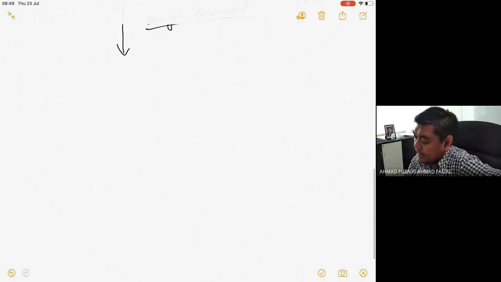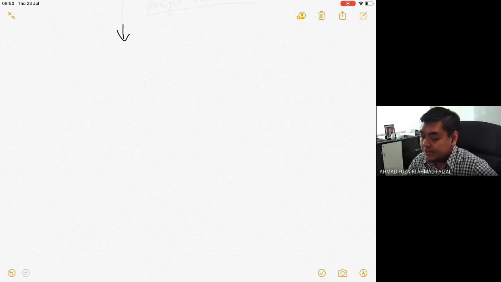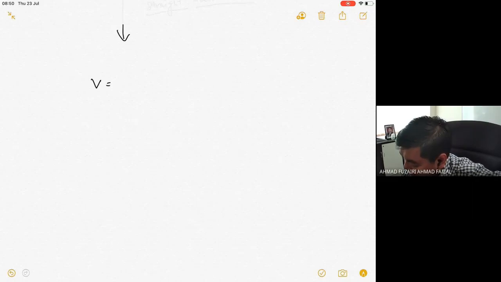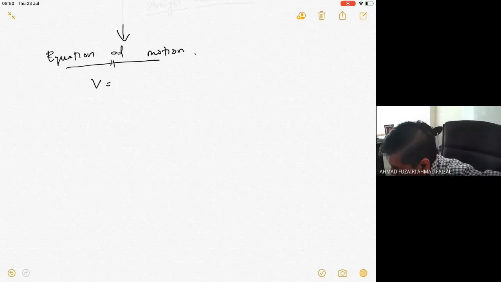Okay, but first let me give you a few equations. This is what we call the equations of motion. The first one is V equals V naught plus AT.